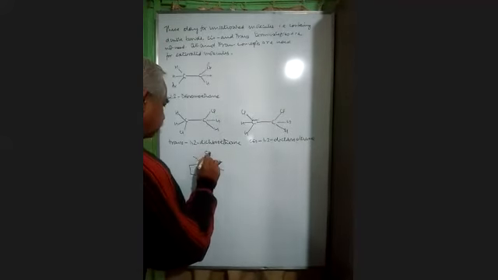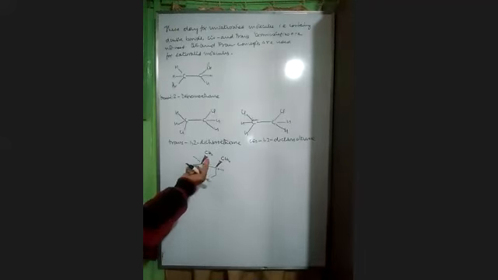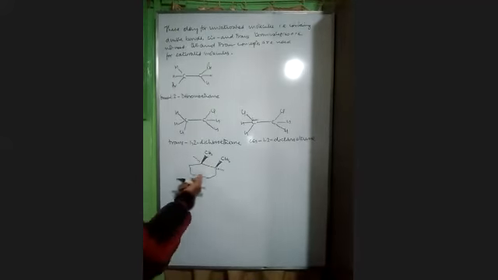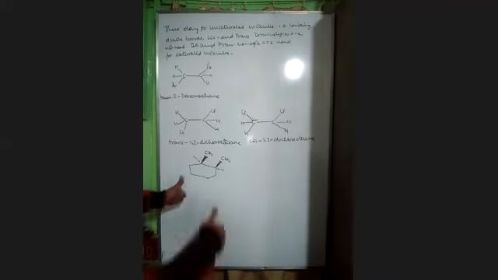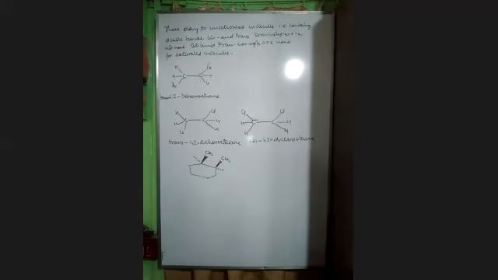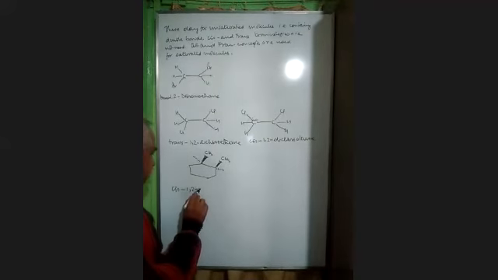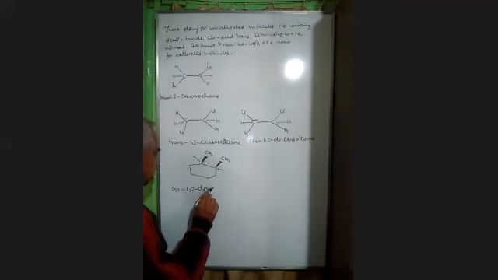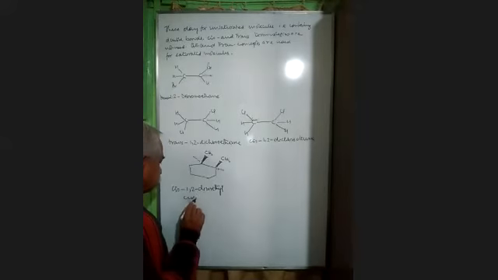So now it is this. Means they are on the same side of the plane. If this is in the plane of the board, both of them are like this. It is there in the same side. All right. So in this case, we'll write cis-1,2-dimethylcyclohexane.